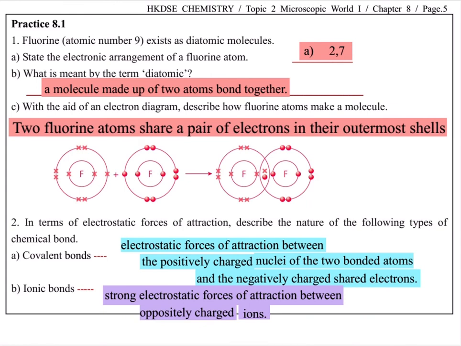The covalent bond is the electrostatic force between the positively charged nuclei of the two bonded atoms and the negatively charged shared electrons. So let me explain to you this sentence. So for covalent bond, it is about electrostatic attraction too. Electrostatic attraction means the attraction between positive charge and negative charge.